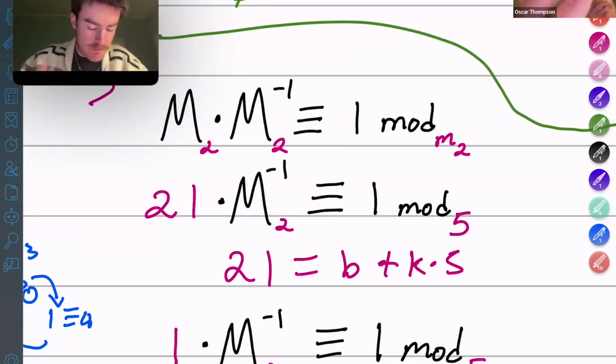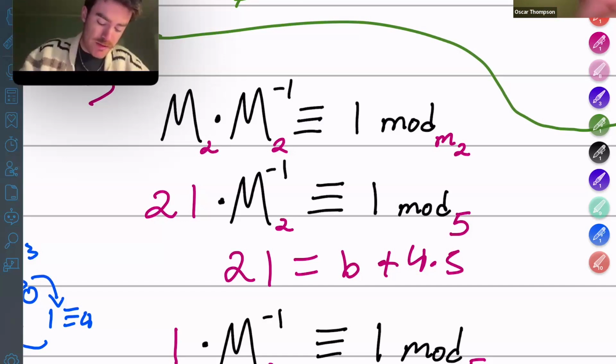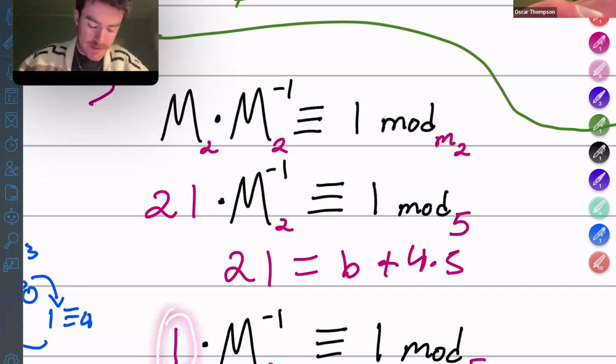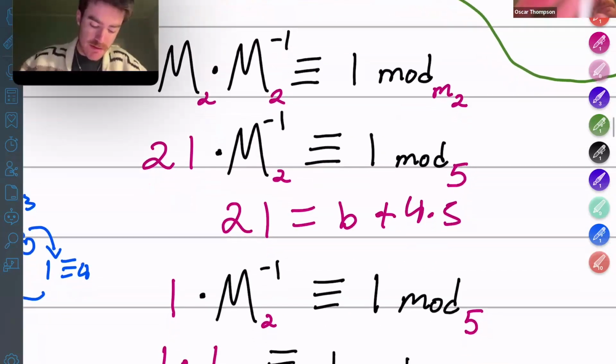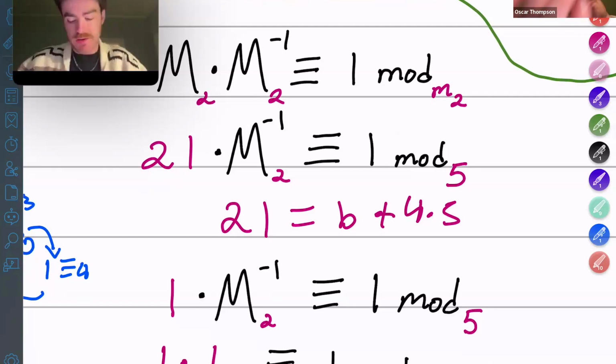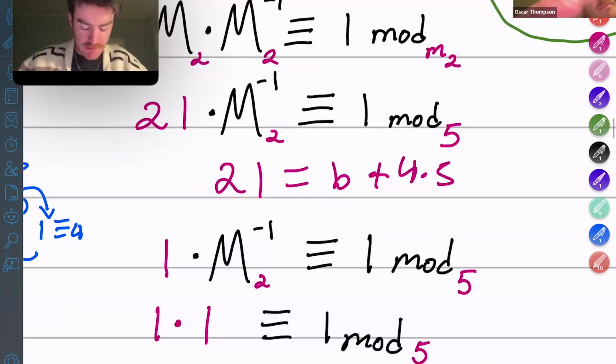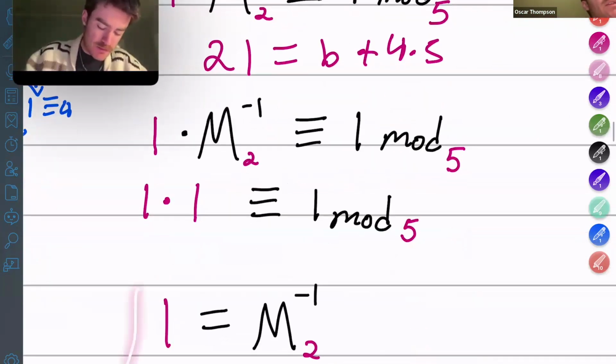I'm immediately thinking of 20, right? That's 4 fives. So 20 plus what gets us 21? Looks like 1 is what 21 is in mod 5. And this ends up being nice and easy because 1 times what gets us 1 in mod 5? That's just 1 times 1. So our multiplicative inverse of 21 is 1.